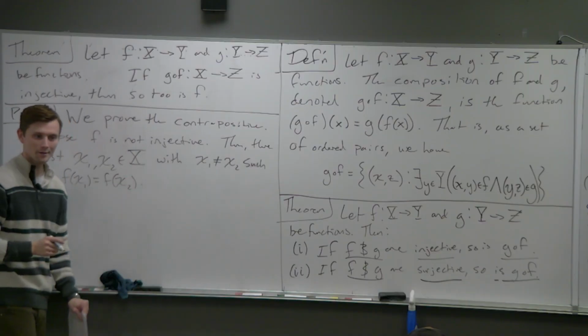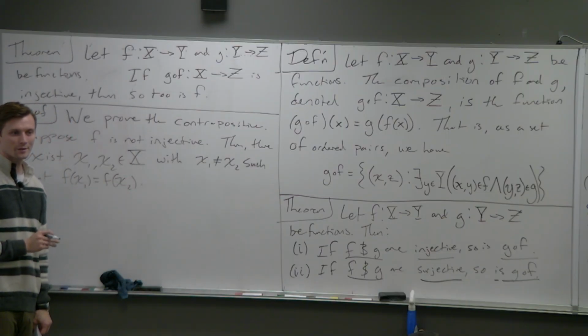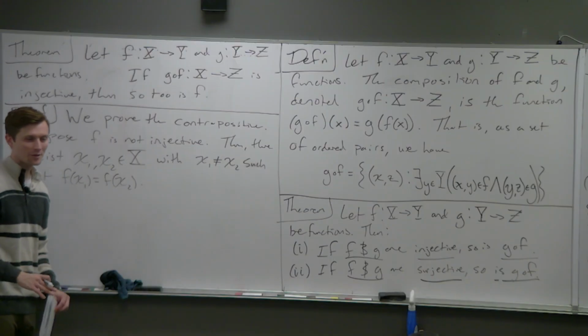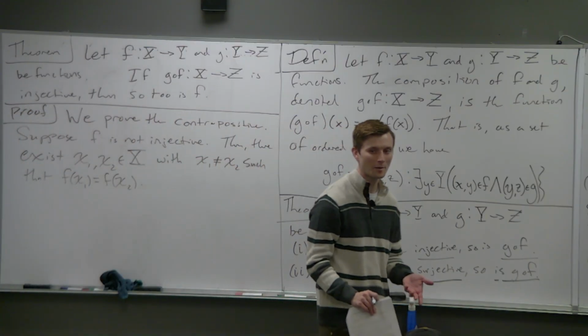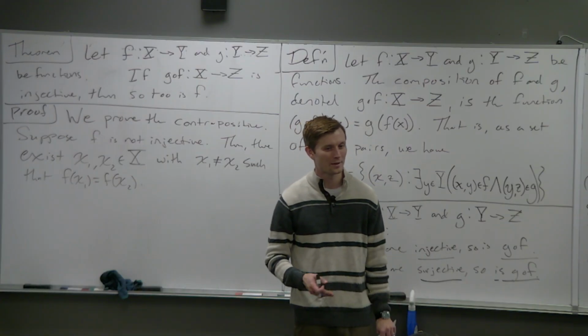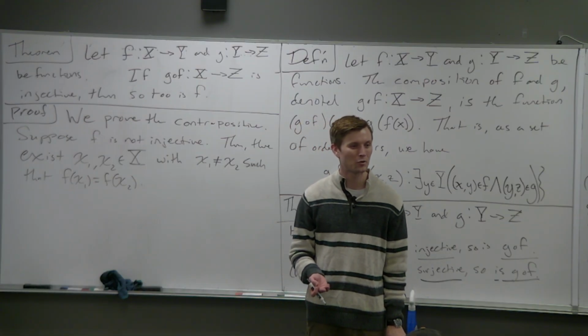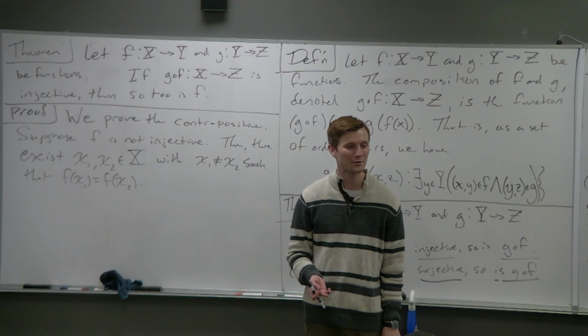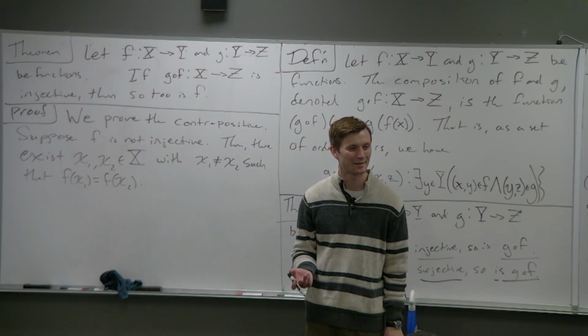Do you agree with this? That's what it would mean to be not injective. After all, if a function is not injective, there should be at least some witness to that, right? Some example showing it. If you couldn't find any such x1 and x2, then it would be injective. Okay?